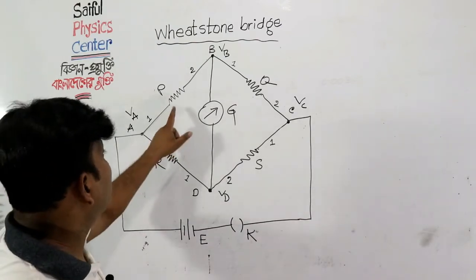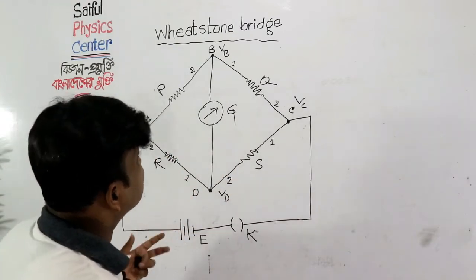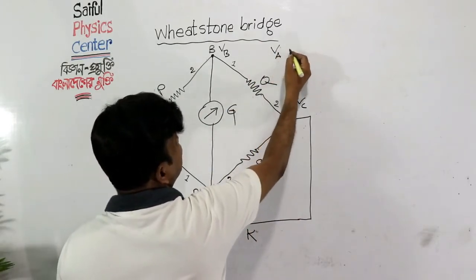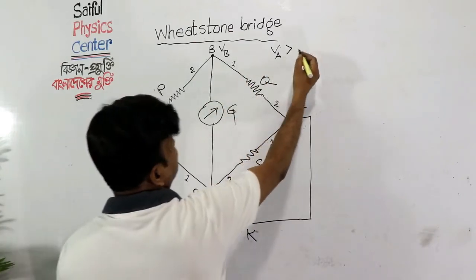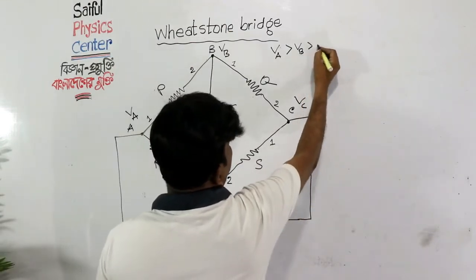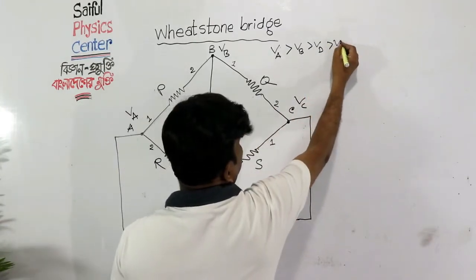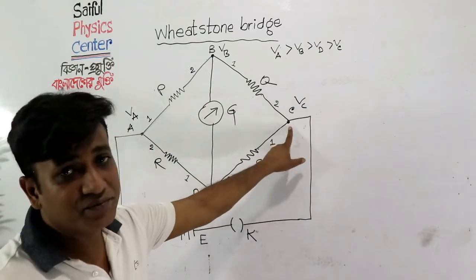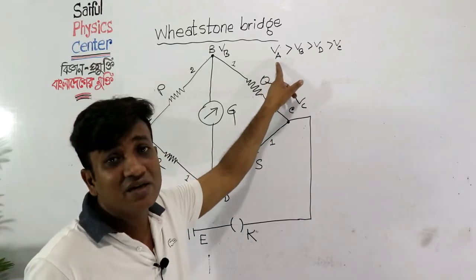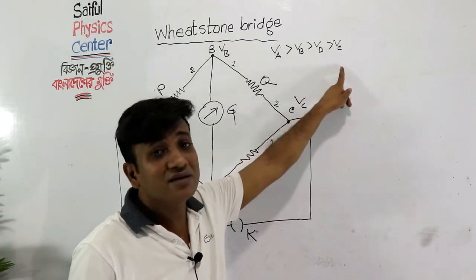By controlling P, Q, R, S, the potentials are set so that VA is greater than VB, VB is greater than VD, and VD is greater than VC.